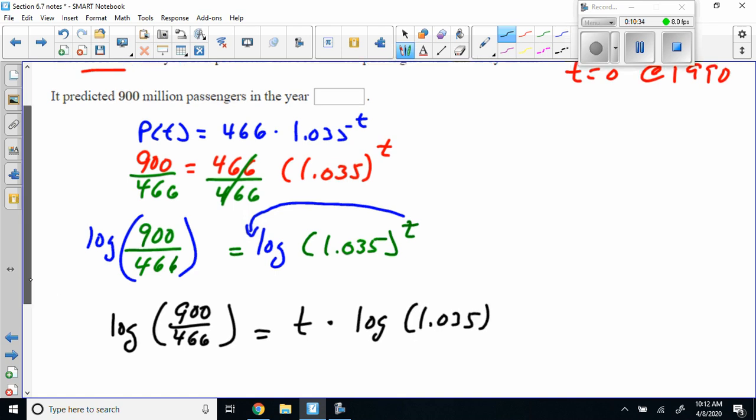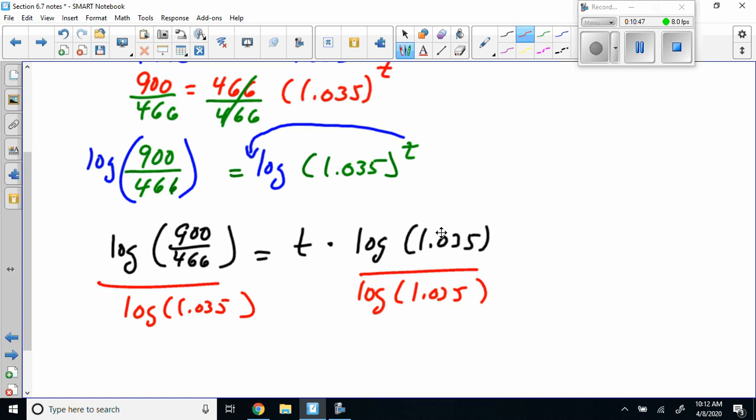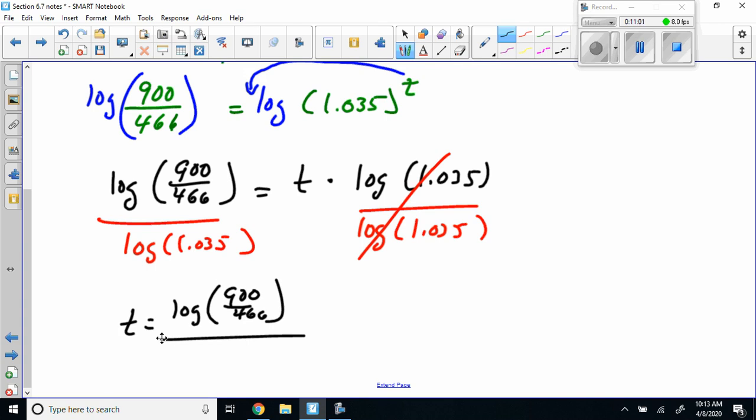And of course, folks, this should really start to fall apart. You should see that we divide both sides by the log of 1.035. This cancels out. It leaves me with t equals the log of 900 over 46, all over the log of 1.035.